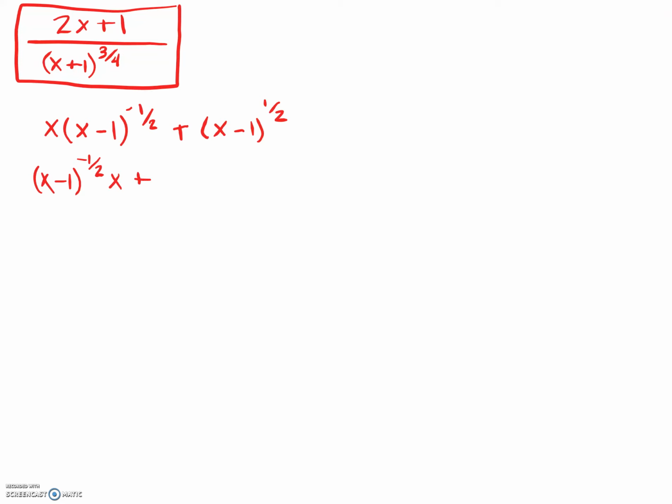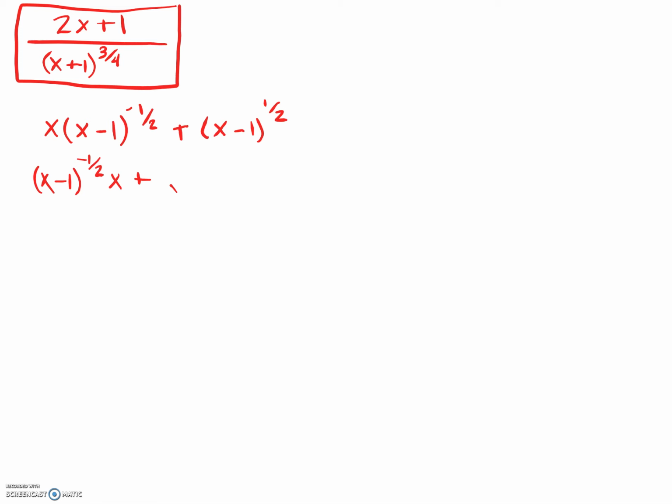All I did was switch positions. Now plus, well, we have to write this one. Well, if that's the greatest common factor, so you have x minus 1 to the negative 1/2. Now, what do we multiply that by so we can get x minus 1 to the first? Well, that's x minus 1 to 2/2.